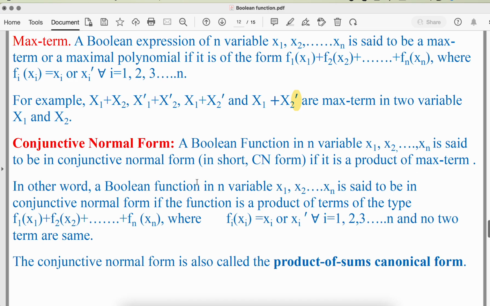In other words, a Boolean expression of n variables is said to be in conjunctive normal form if the function is a product of terms of the type f1(x1) + f2(x2) + ... + fn(xn), where fi(xi) is equal to either xi or xi', and no two terms are the same. Conjunctive normal form is also called the product of sums because it is a product of sums. So, product of sums canonical form.